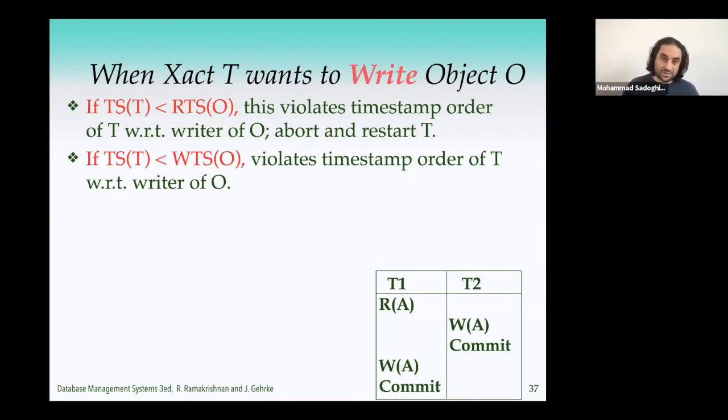The second condition is if the current object has already been written by a newer transaction. Again, I'm a 5 p.m. transaction, and the object that I want to write to has already been written by a transaction at 6 p.m. So my write cannot go over that, because 6 p.m. should be the latest write.